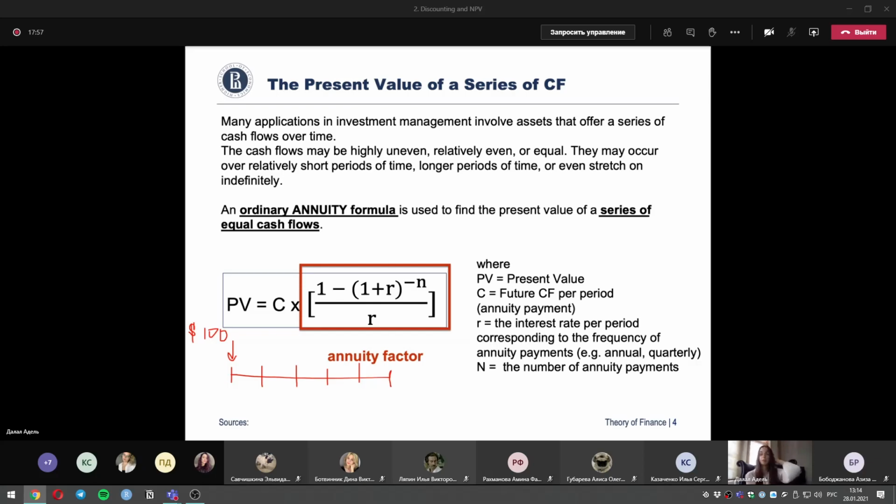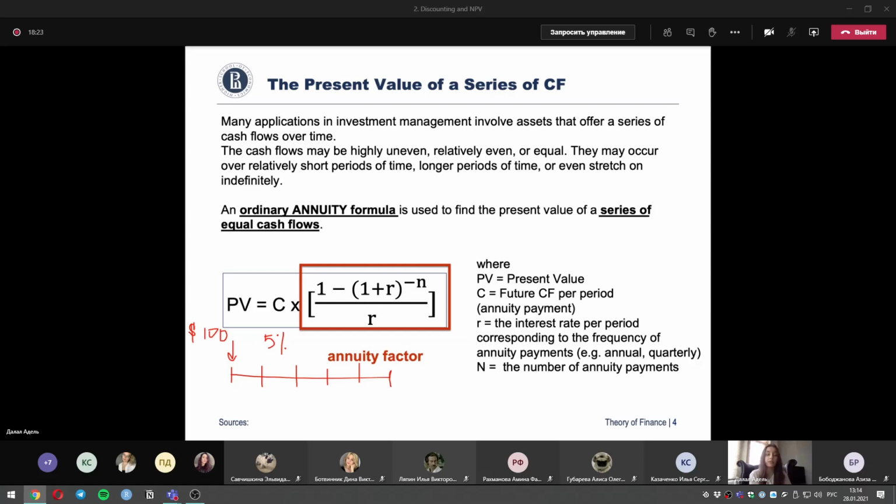I'm considering just a classic, simple example of a bond, which provides us some particular interest every period, which may be quarterly, semi-annually, or annually, of 5%, which means that this is 5% of the face value of the bond.